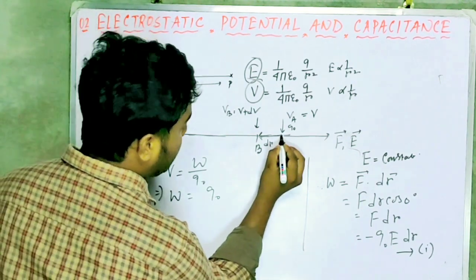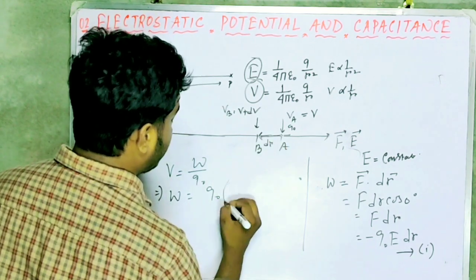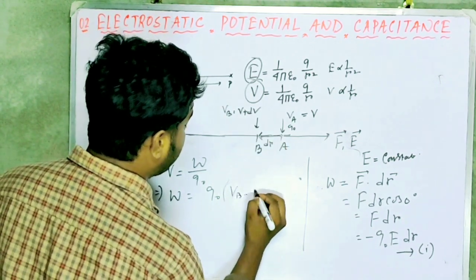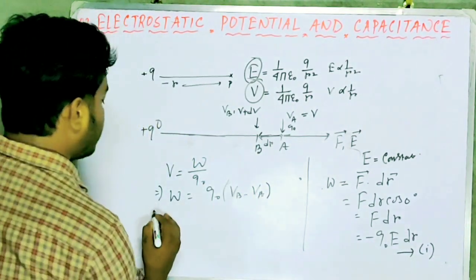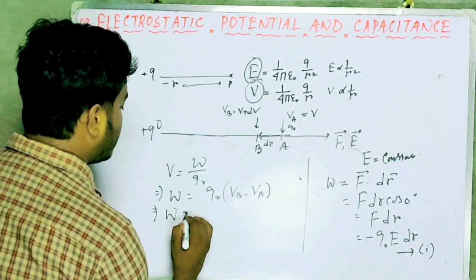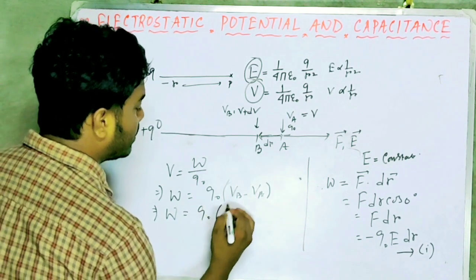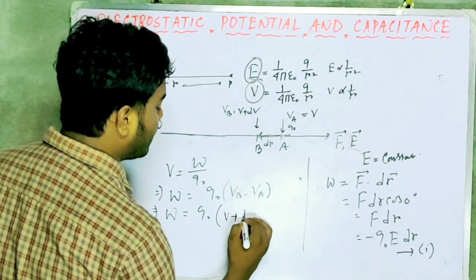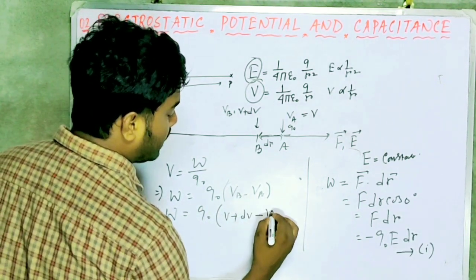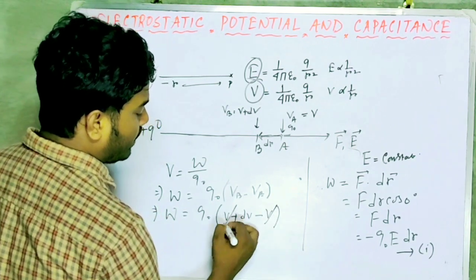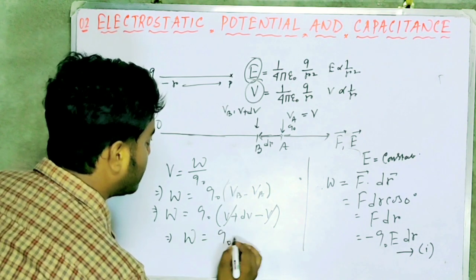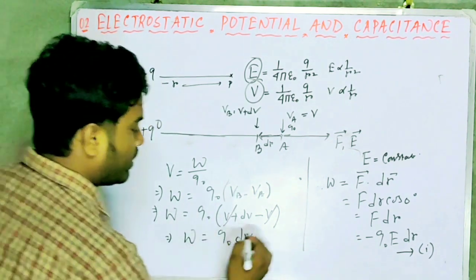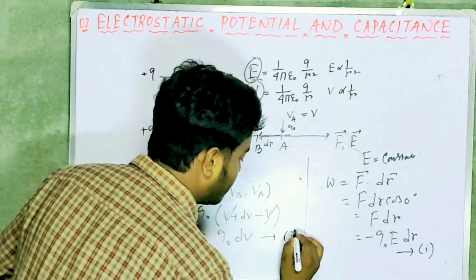So we are taking the initial point A to B, so the potential difference will be VB minus VA. Now putting the values, W is equal to Q naught times VB, that is V plus dV, minus VA, that is V. Here V cancels out, and the expression of W is Q naught into dV. This is equation number 2.